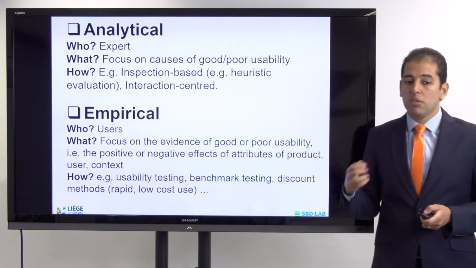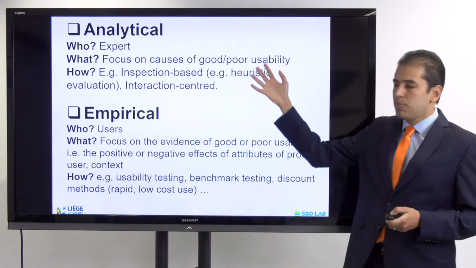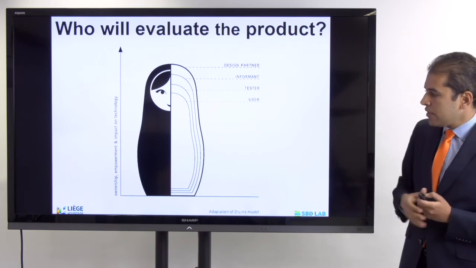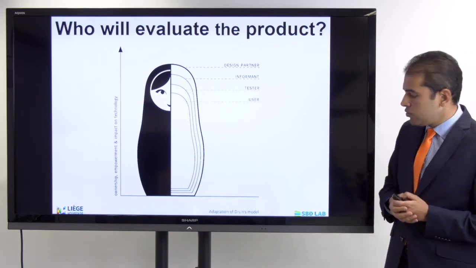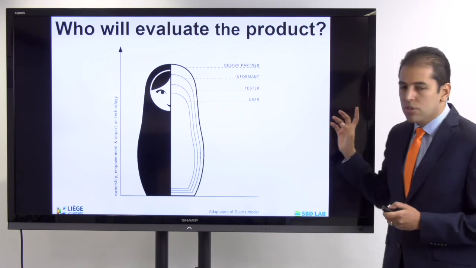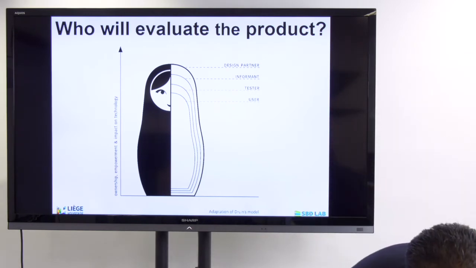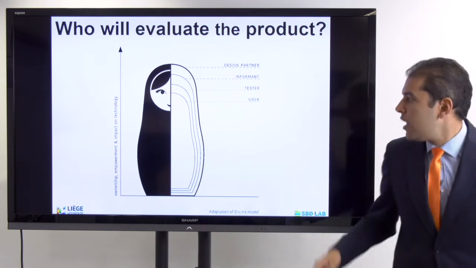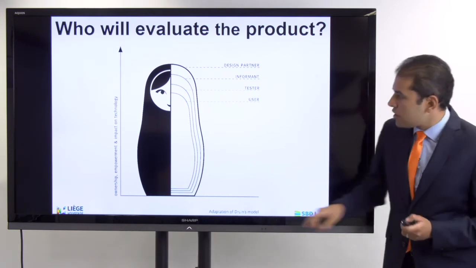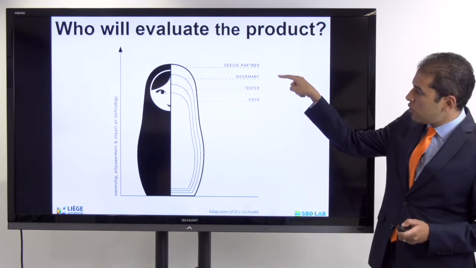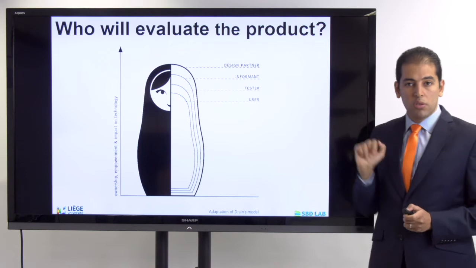But before you decide who will be users, if you are taking an expert or taking a simple user, this scheme is very interesting that shows you how to work on that. I need to cite here the author, Martin van Mechelen, I'm sorry for that. He is talking about either the design partner or the informant or the tester or the user.